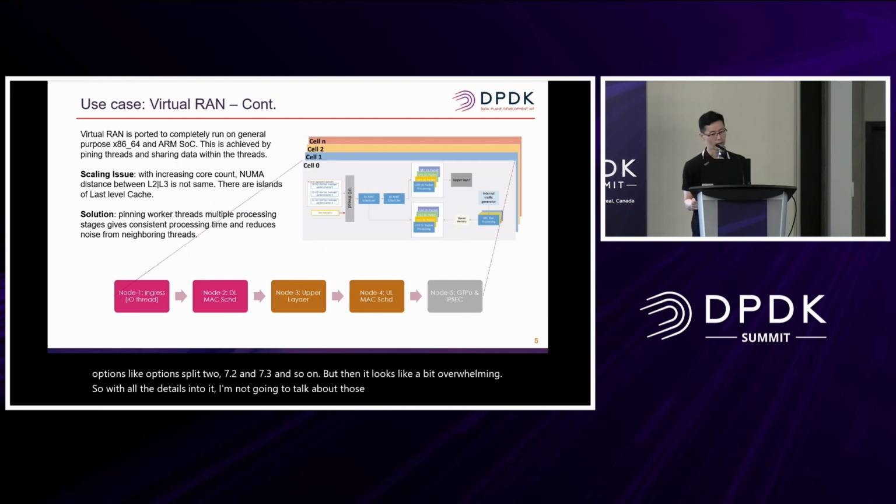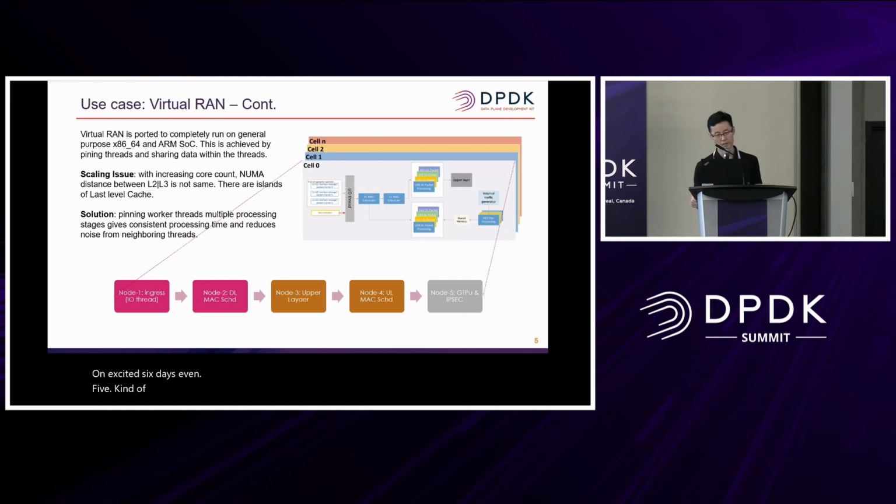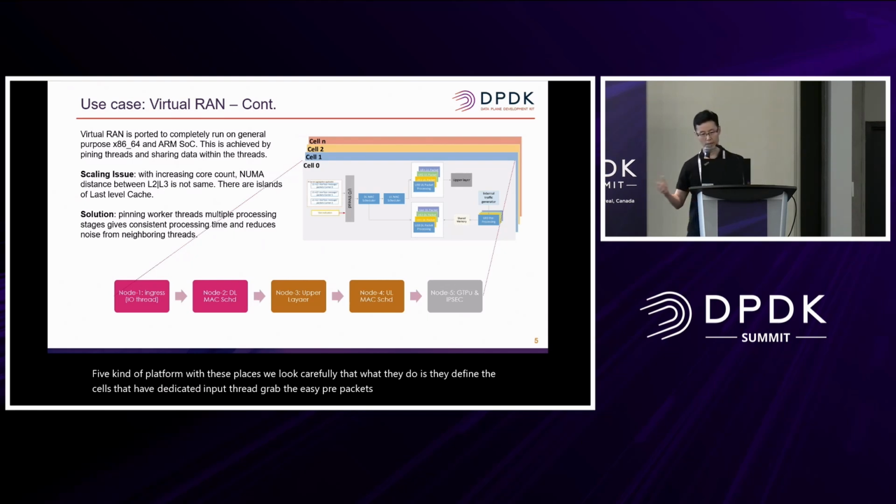What we're trying to say here is that some are trying to move to general purpose solutions like x86 based, even RISC-V platforms. With these, they define cells that have a dedicated input thread that grabs the eCPRI packets coming through the fiber cable, for example.